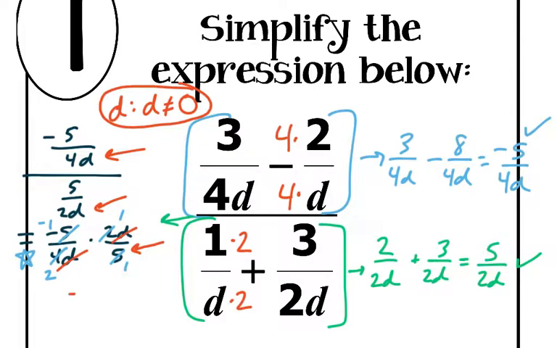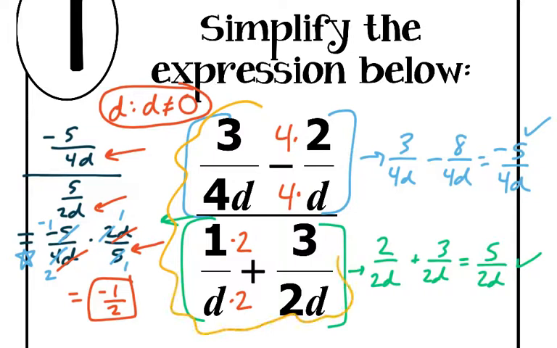After this destruction, on top I'm left with a negative 1. And on the bottom, look at all the stuff I canceled. I'm basically left with 2 times 1, or 2. Wow. Did you ever imagine that this huge, massive, ugly, complex fraction would just turn into this little measly negative one half? That is so hot.